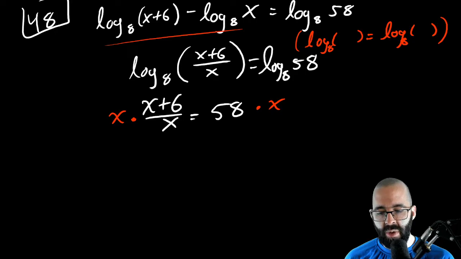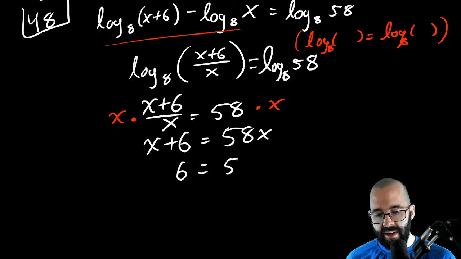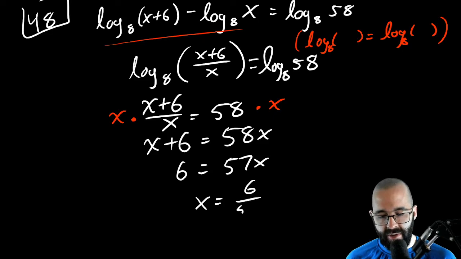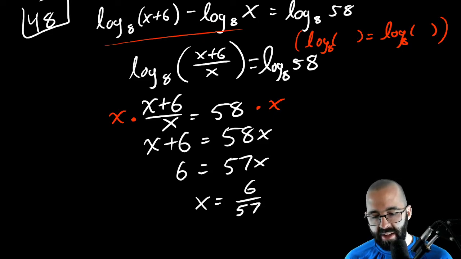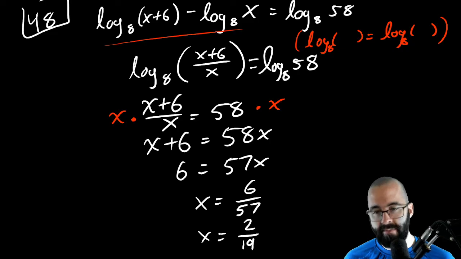Multiply both sides of this equation by the LCD, the least common denominator. Subtract x from both sides to get 57x equals 6, where x is 6 over 57. I think that reduces. They're both divisible by 3. X is 2 over 19.